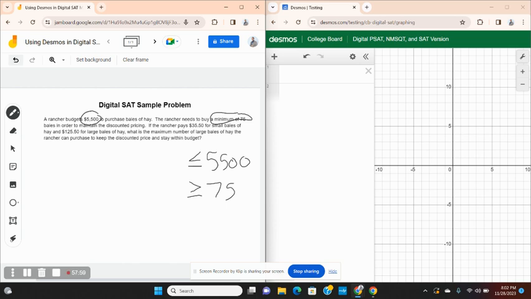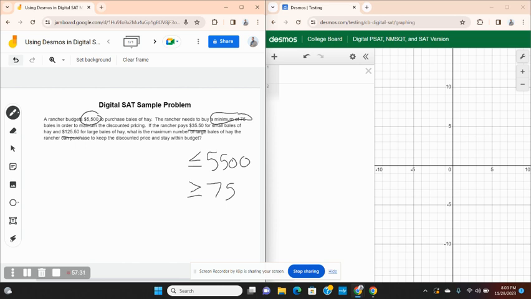So this problem is basically a system of linear inequalities. It's a system because we're going to create two different inequalities. And the nice thing about Desmos is it actually graphs linear inequalities for us if we can set up the inequality. So let's take a look at the two prices that they give us.